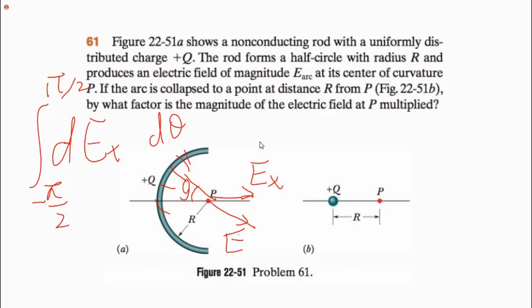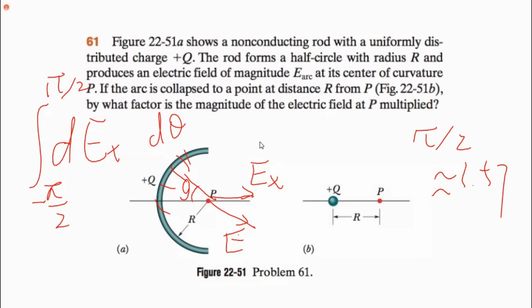By using d theta instead of dx, we make the calculation much easier, because what includes theta is just cosine theta. Then cosine theta d theta integrates to just sine theta. Then you put in the numbers, and eventually the ratio is pi over 2, which is about 1.57. Most of this was introduced in the last class.